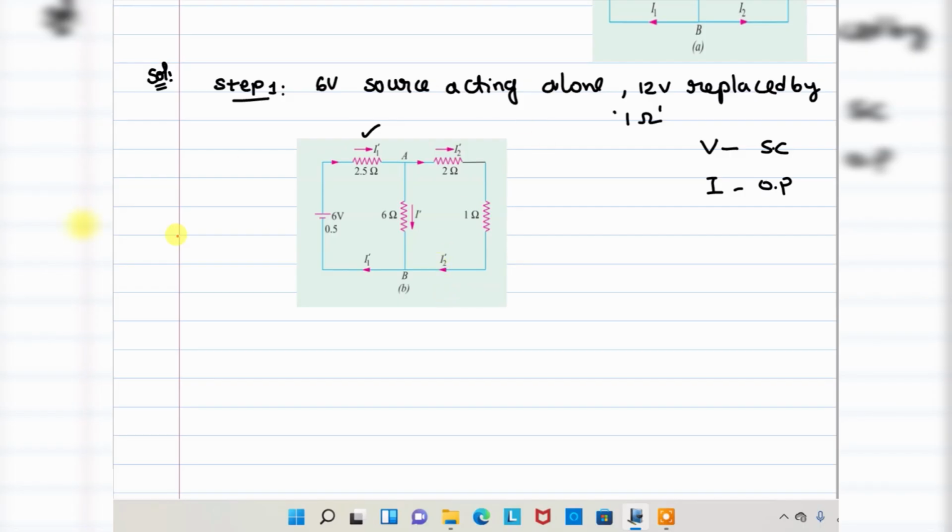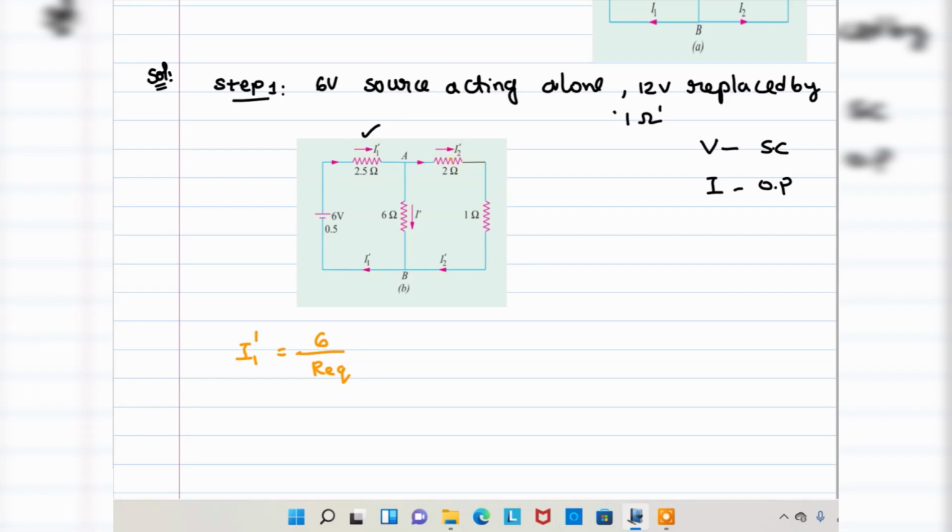Now I am going to calculate the responses of each branch. With the 6 volt source present, I want current I1 prime. I1 prime is equal to V, that is 6, divided by the total combination of all the resistances, so I need to calculate the R equivalent first. It is very simple.